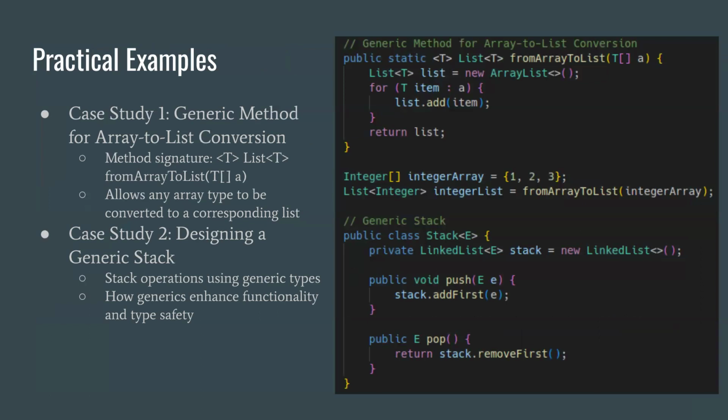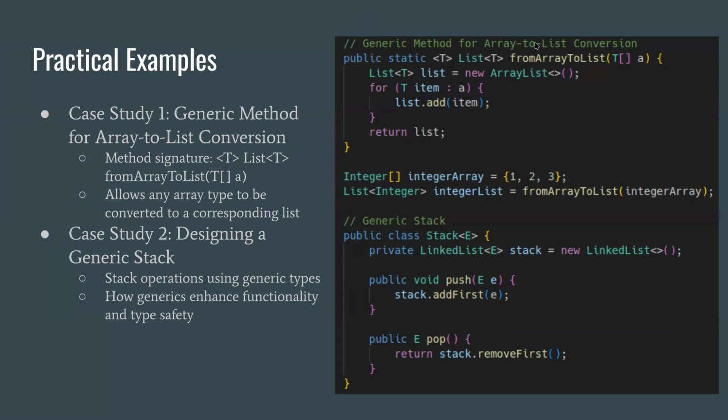Practical examples. The first example is a generic method that converts an array to a list.